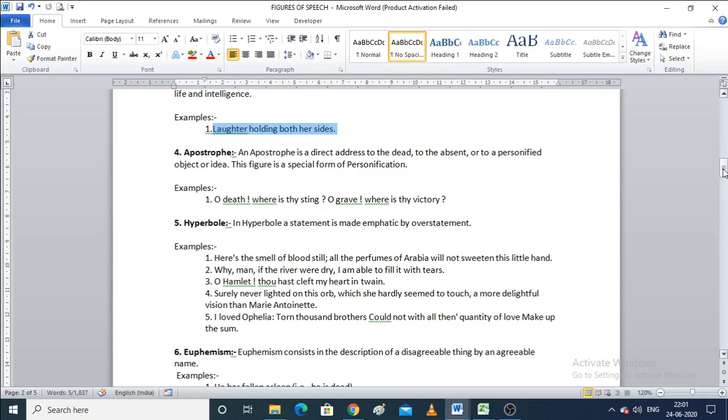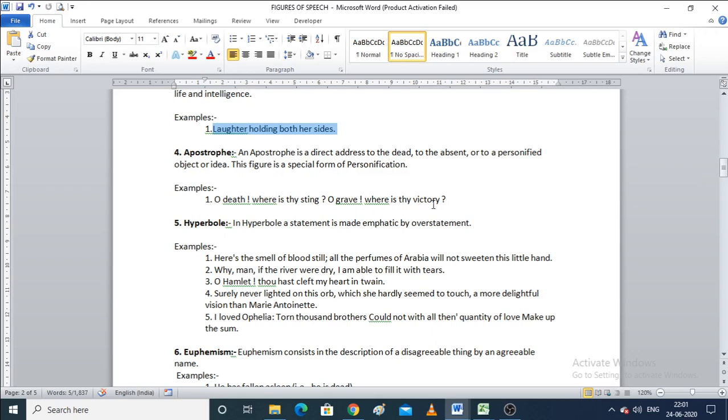Similarly, in apostrophe, we are addressing a dead thing, a thing which is not even present, right? When we try to talk directly to that thing, it is known as apostrophe. For example, "O death, where is the sting?"